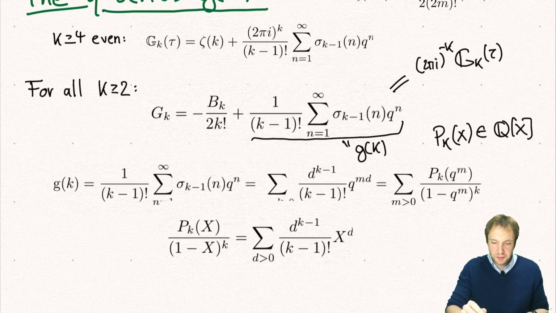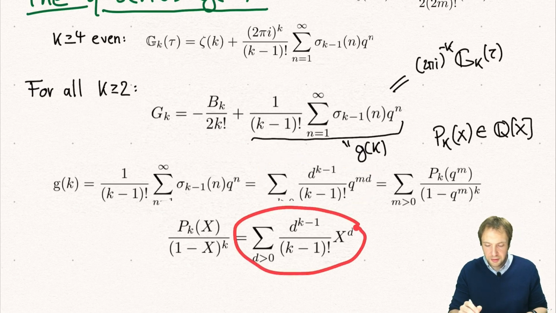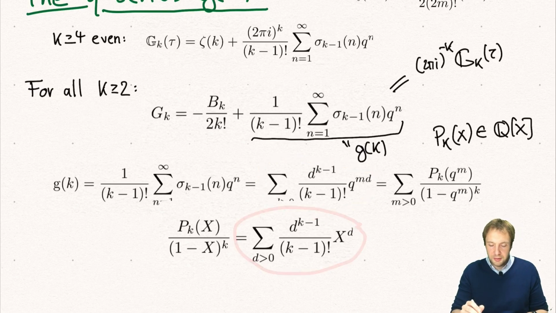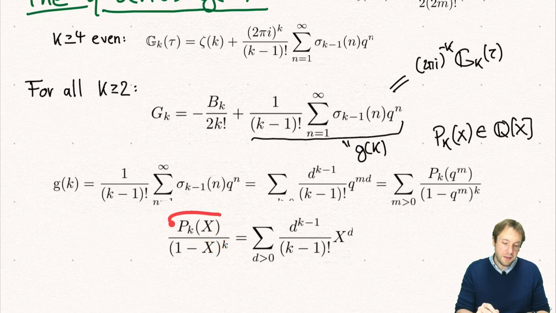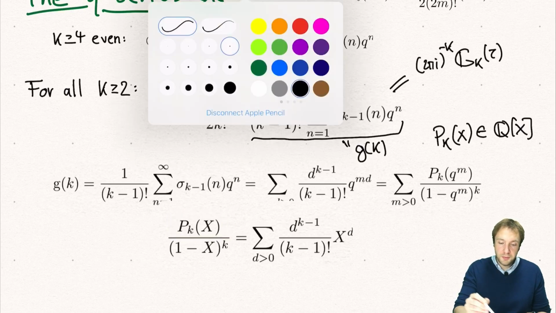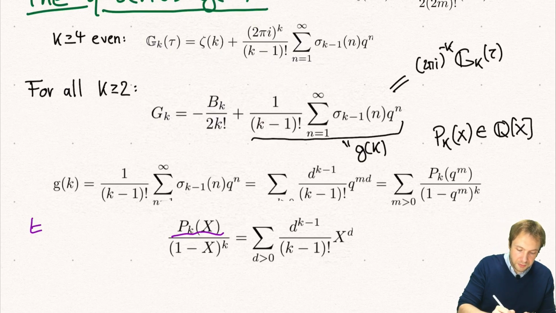Namely, one can show that this expression here, more generally, can be written as some rational function with a pole at x equals 1 of order k. And here we have a polynomial, and these polynomials are called Eulerian polynomials.